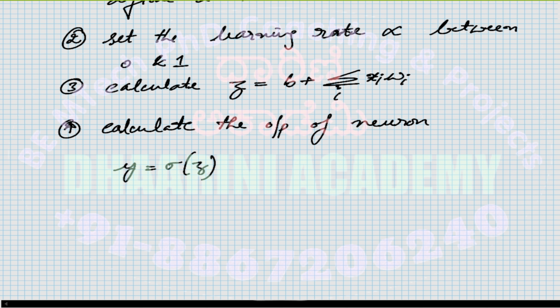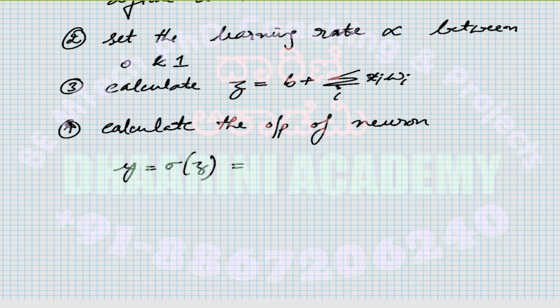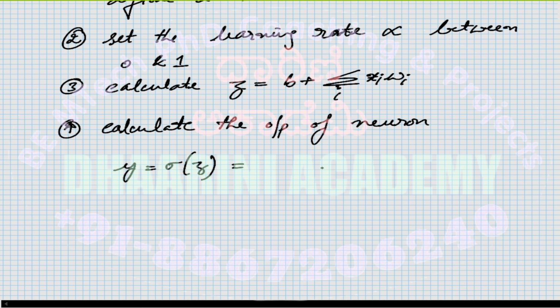Now we define the sigma in a slightly different fashion compared to the previously defined activation functions. The activation function used for this perceptron learning rule is not any of the previous techniques. So this is going to be 1 if the z value is greater than the defined threshold.